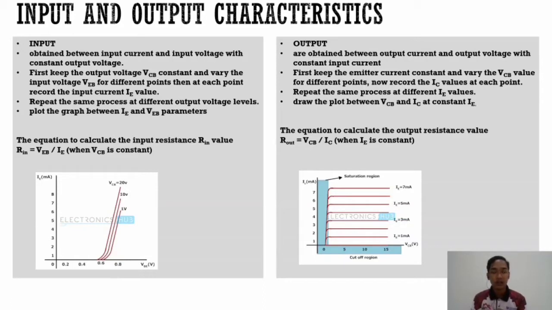First keep the emitter current constant and vary the VCB value for different points and record the current value at each point. Repeat the same process at different IE values. Draw the plot between VCB and IC at constant IE.